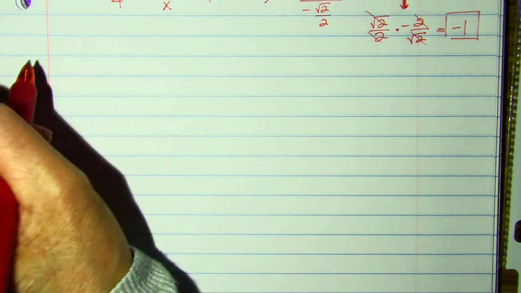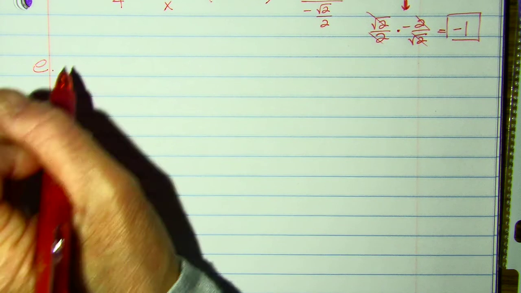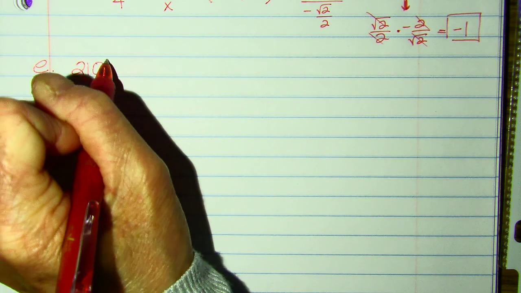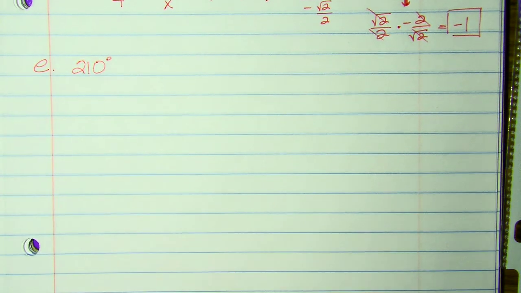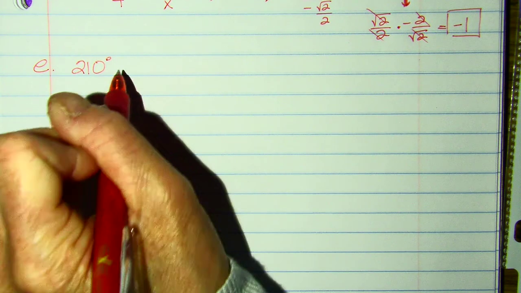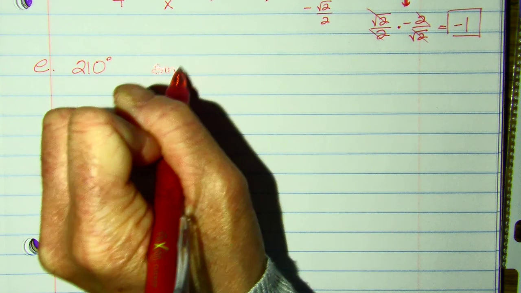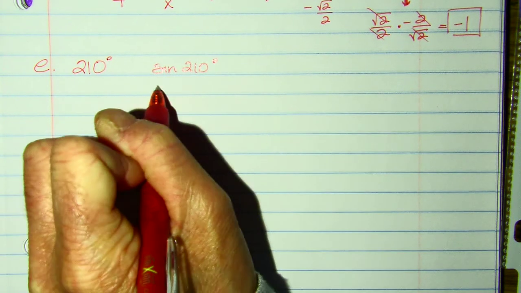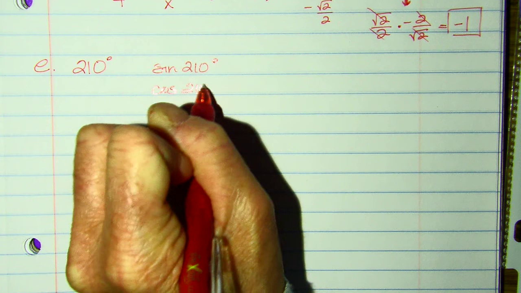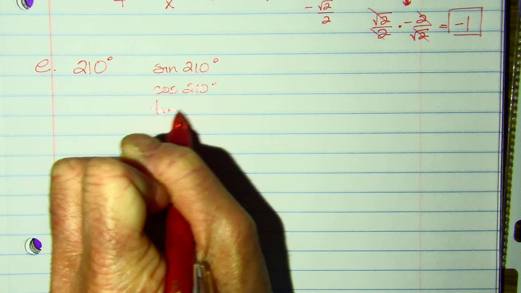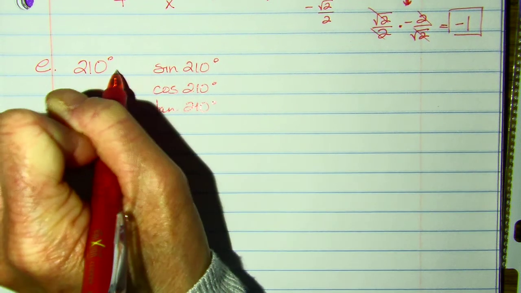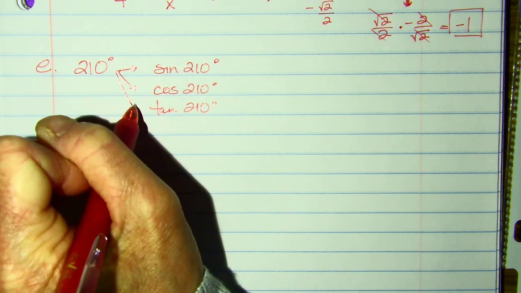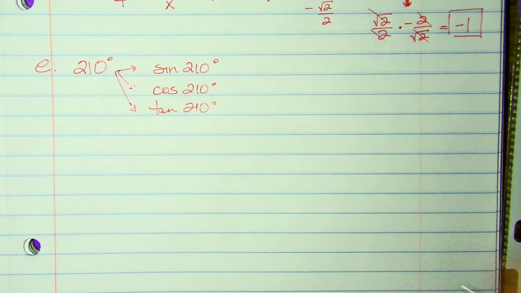Now, for part E, they'd like us to find the value for all 3 for 210. So they'd like us to find the sine of 210, the cosine of 210, and the tangent of 210. Okay, so let's find it first on the unit circle.